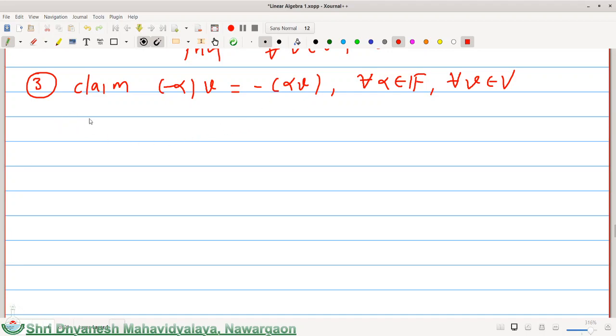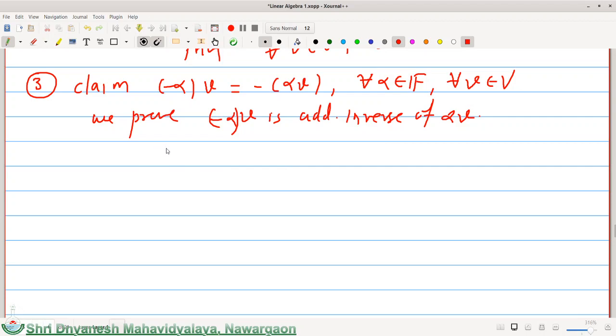So let us start. We write that here. We prove minus alpha into v is the additive inverse of alpha into v.